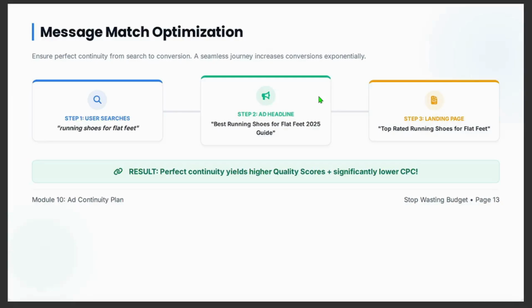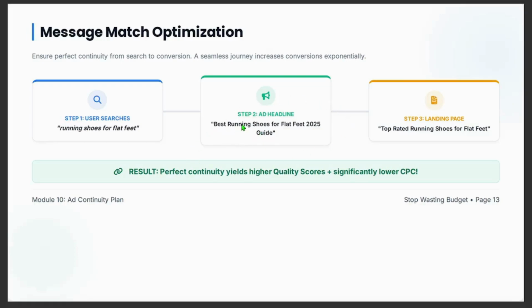For example, if a user searches running shoes for flat feet, your ad headline should say best running shoes for flat feet, and your landing page headline should say something like top running shoes for flat feet.